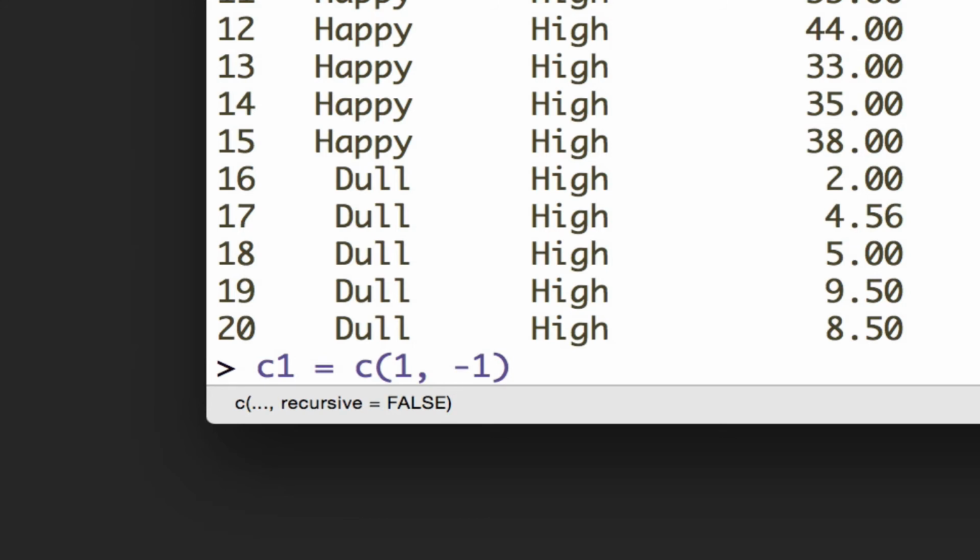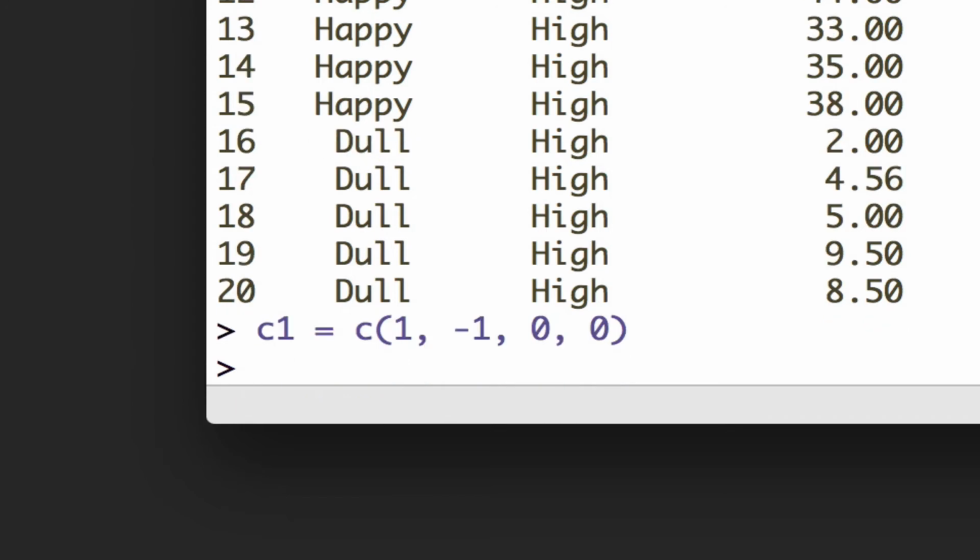Now, even though this comparison is for the low relevance condition, so the high relevance groups don't matter, if we don't specify something, R is going to get confused. So for each of our high relevance groups, we need to say zero, zero.